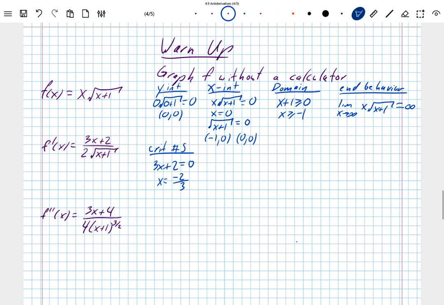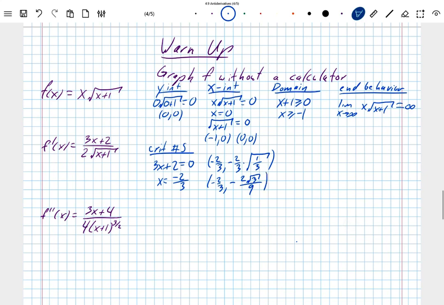In particular, if I plug this back into my y value, I get -2/3, comma, oh, I have to plug that whole thing back in, so I'd get -2/3 times the square root of 1/3. I can clean that up a little bit. -2/3, comma, negative. How good are you with your roots? The square root of 1/3 is root 3 over 3. So this becomes negative 2 root 3 over 9.